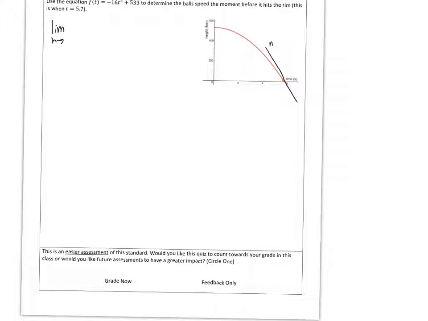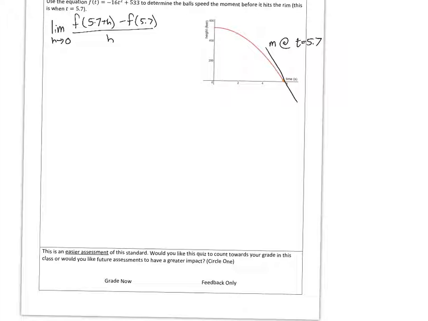So we're calculating the speed at the slope at t equals 5.7. So the limit as h approaches 0 of f of 5.7 plus h minus f of 5.7 all over h. I think we, at this point, know that the denominator is only h when they cancel out.